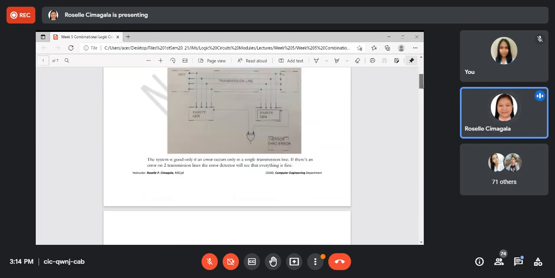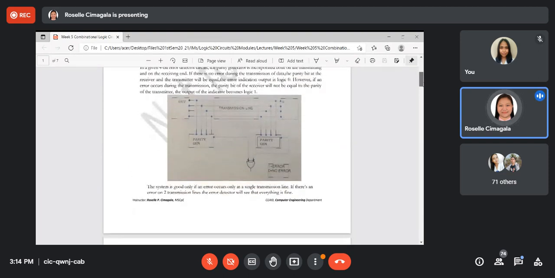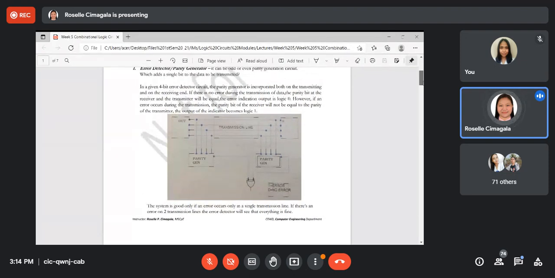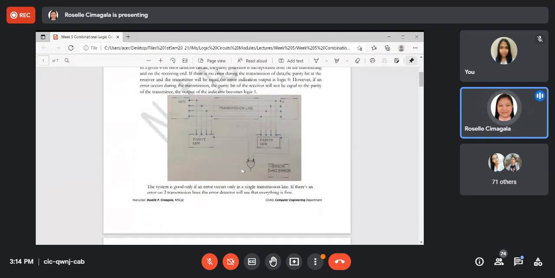So that is a limitation of this circuit, because it cannot detect if two errors occur. That is why we use XOR, because XOR outputs 1 if its two inputs are not the same, let's say 0, 1. So this is the table of XOR from last time. If it has two different inputs, the output is 1.